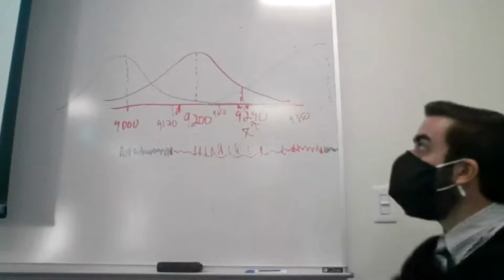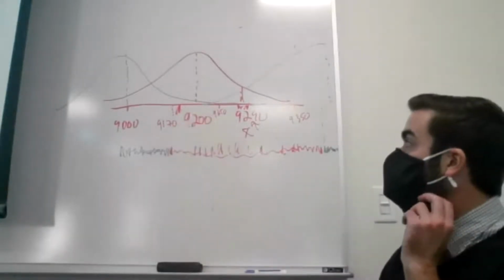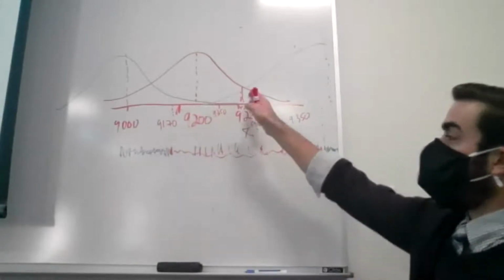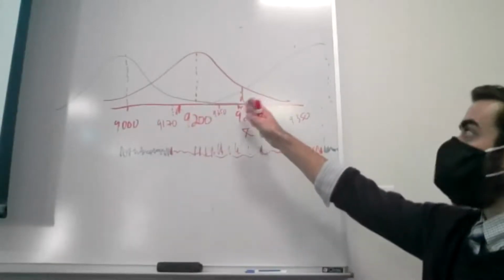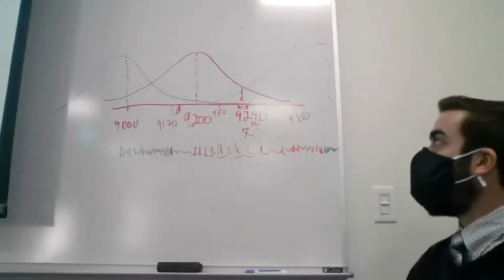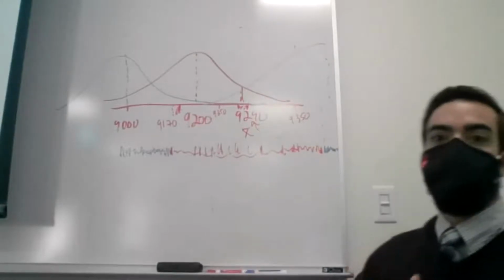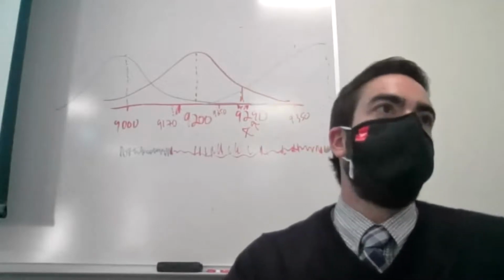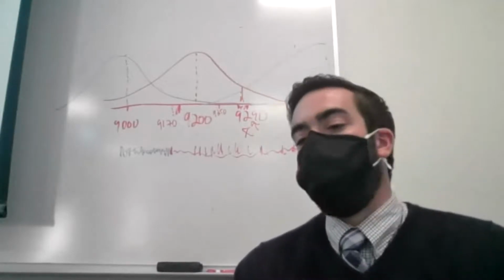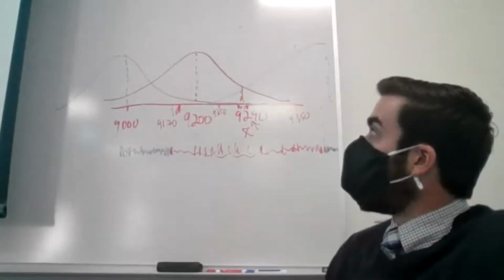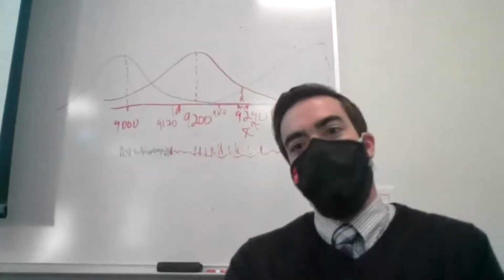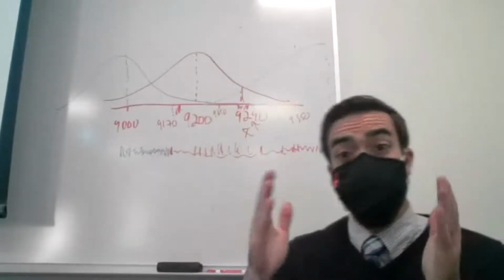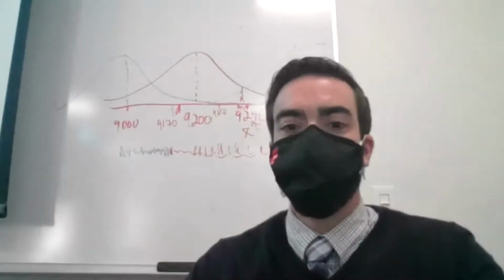I'm going to have much lower p-values for the values out here than for values right around the sample mean that I found. So it gives us another dimension to compare which of these values are more or less likely. But it really is related to confidence intervals. You can almost think that if I ran a hypothesis test for every single one of these values, I could build that confidence interval as well.